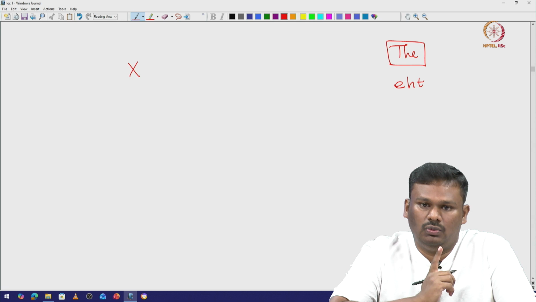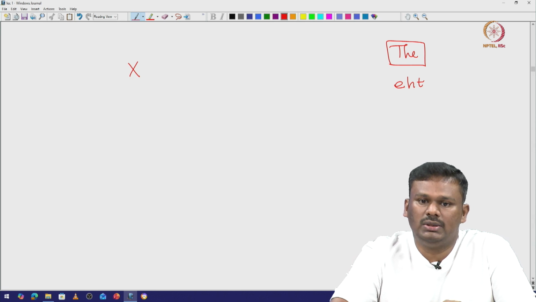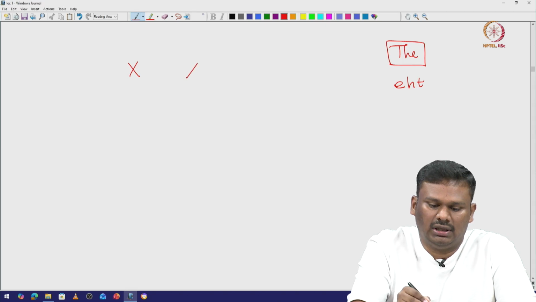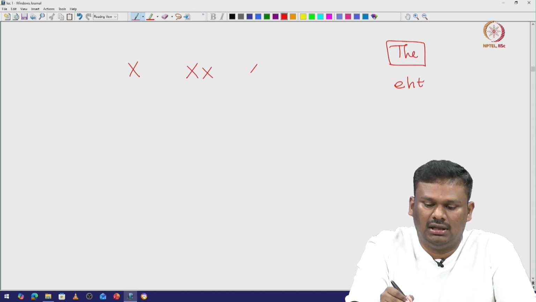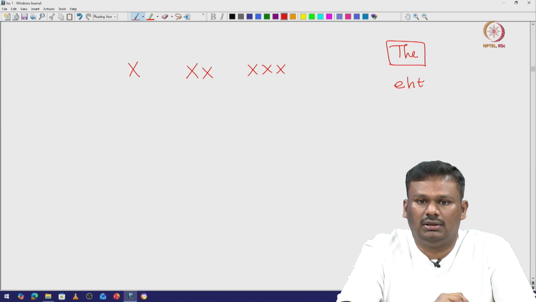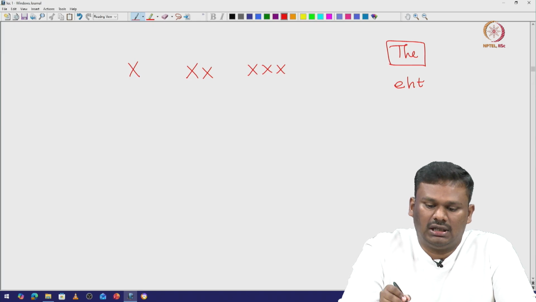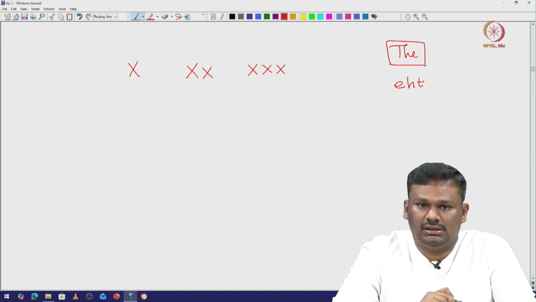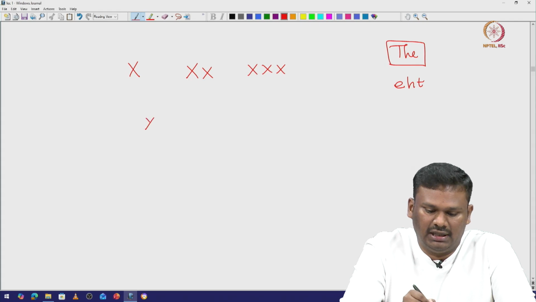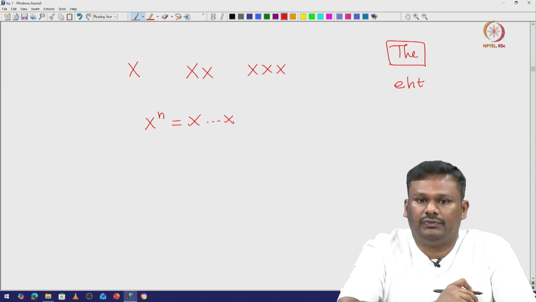Because you have only one alphabet x, all you can do is repeat that x. You can take x, xx, xxx and so on. Instead of writing x n number of times, we use shorthand notation and write x to the power n equal to xxx...x.